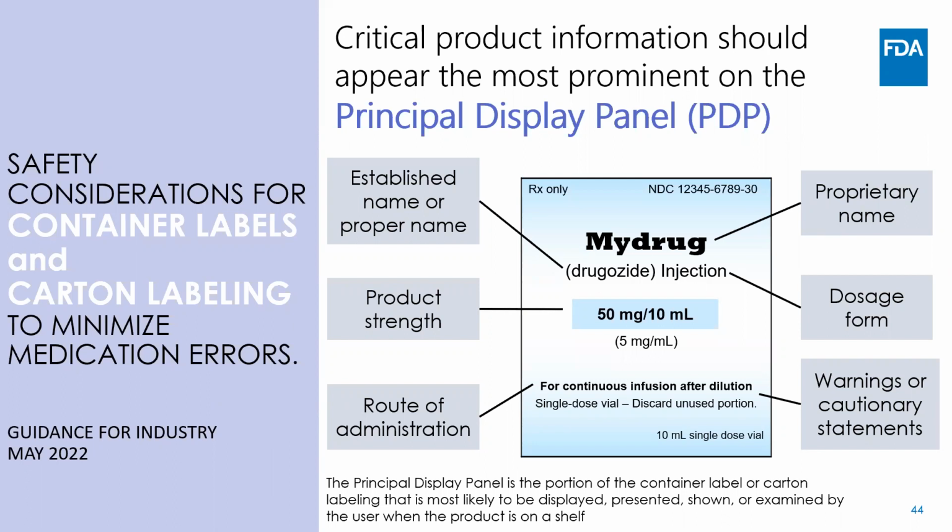The principal display panel is the panel of the container label or carton labeling that is most likely to be displayed, presented, or shown or examined by the end user. So other information on the PDP, such as the RX only statement and the net quantity of contents, manufacturer name, manufacturer logo, it's important that that information does not compete in size and prominence with the other critical information identified on this slide.